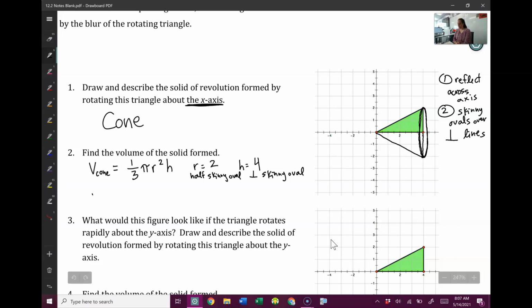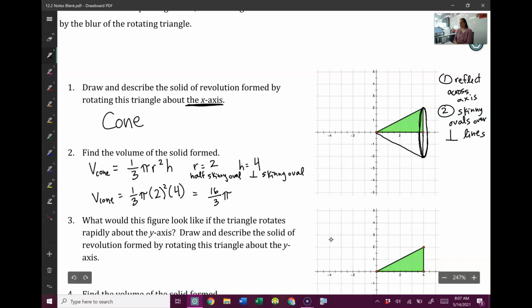And now I just need to plug it in. So the volume of a cone is going to be 1/3 pi. R is 2, so 2 squared, times h is 4. 2 squared is 4, times another 4 is 16, times 1/3 is 16/3 pi.